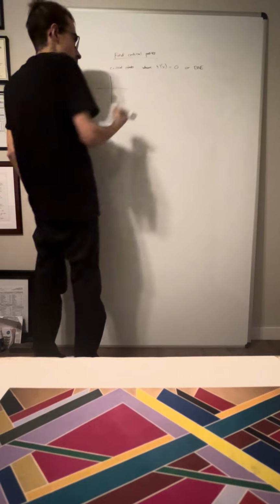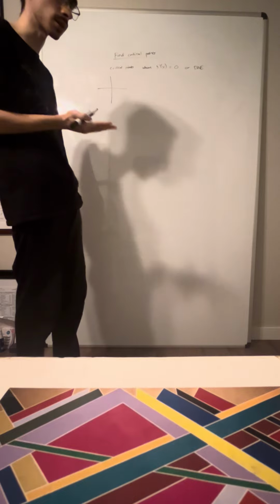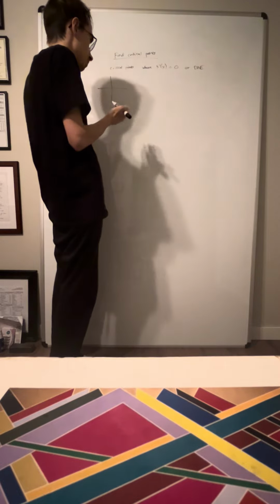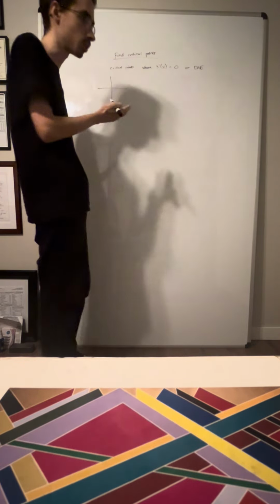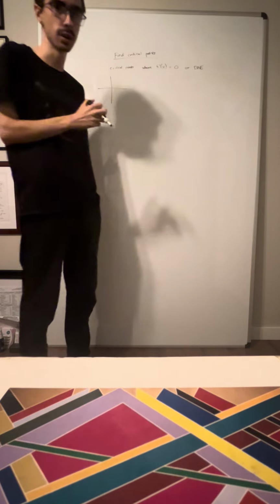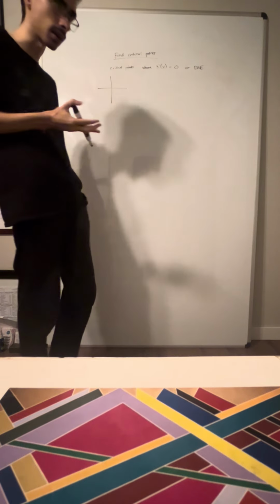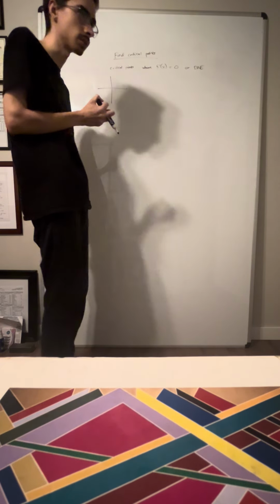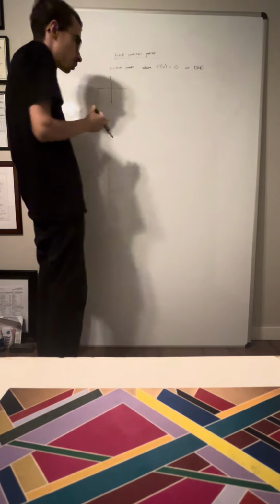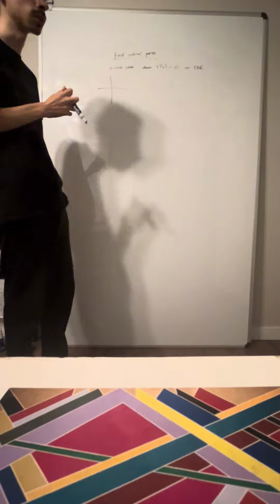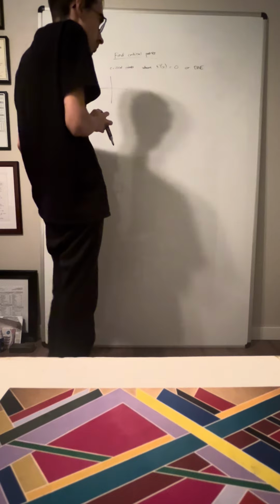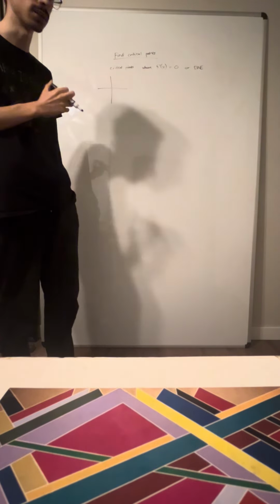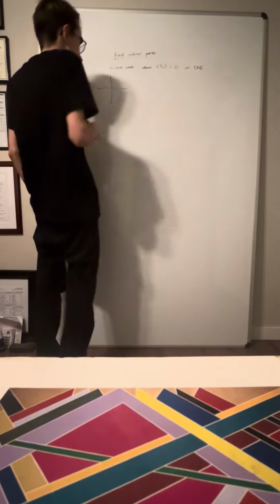But there might be graphs where you have some kind of discontinuity, like a point discontinuity, where you have some point in your f of x that isn't actually defined. So in other words, you can't get an answer by taking the derivative at that point. You might have an asymptote or something like that going on, but I can do a different video about the different types of discontinuities that you might run into.